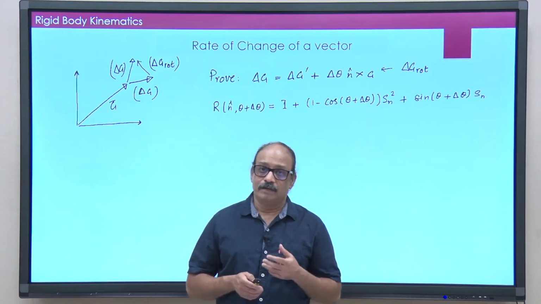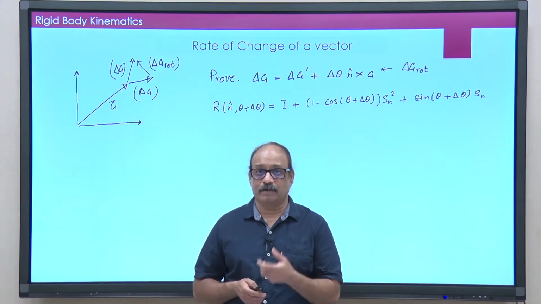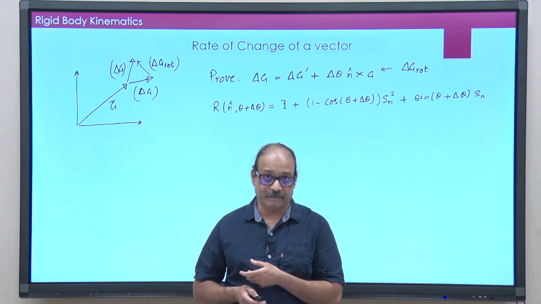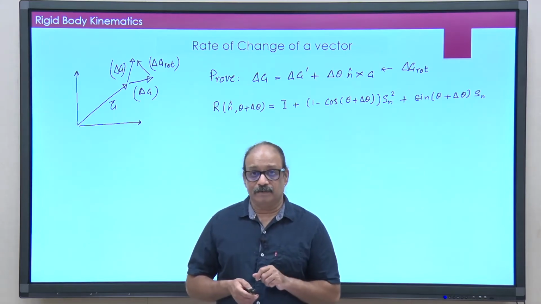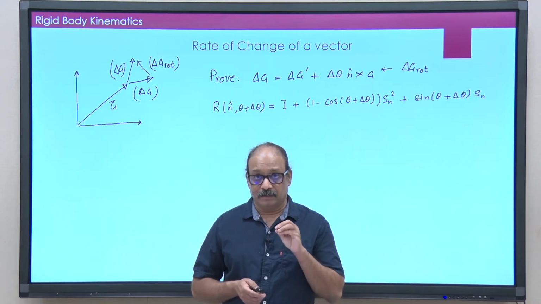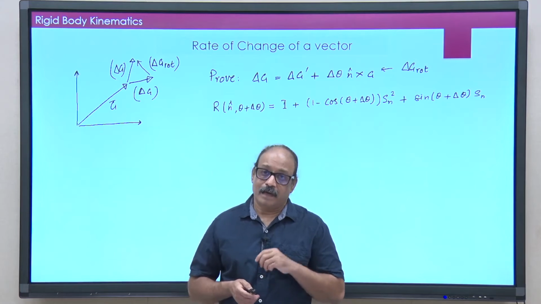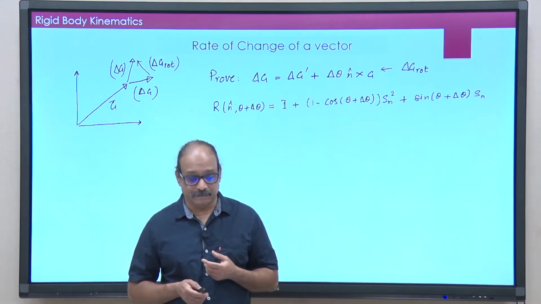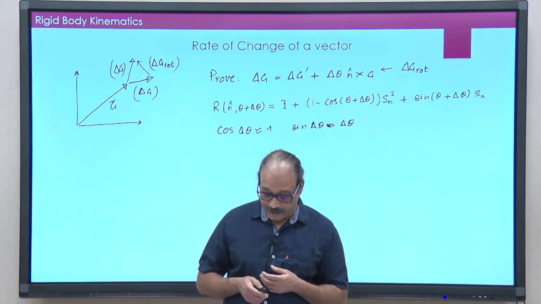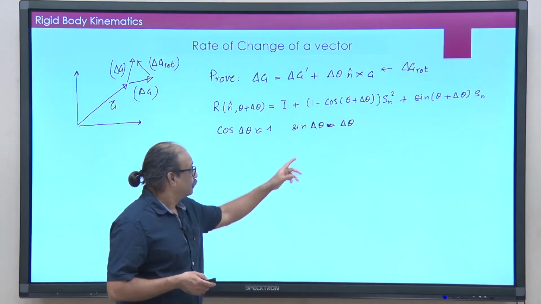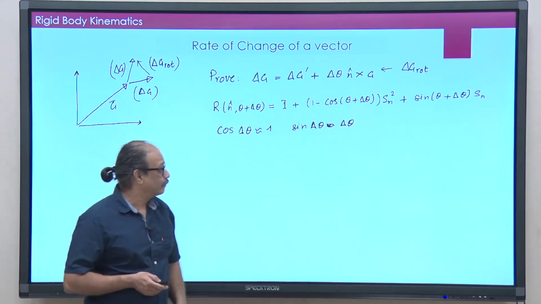Use the standard identity, cos of A plus B is cos A cos B minus sin A sin B. When I use this, I would get cos of delta theta, and I will also get sin of delta theta. I am going to assume that delta theta is infinitesimal, in which case cos of delta theta will become 1 and sin of delta theta will become delta theta. So, I am just retaining the first non-zero order there.